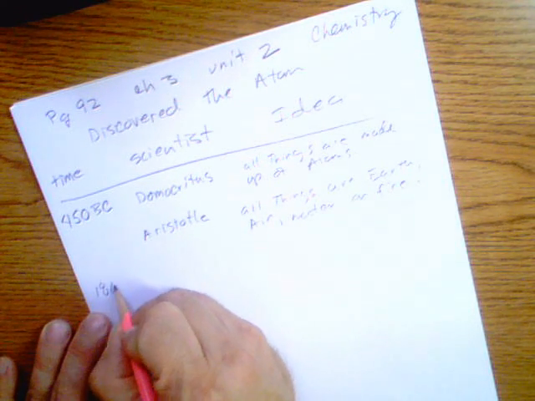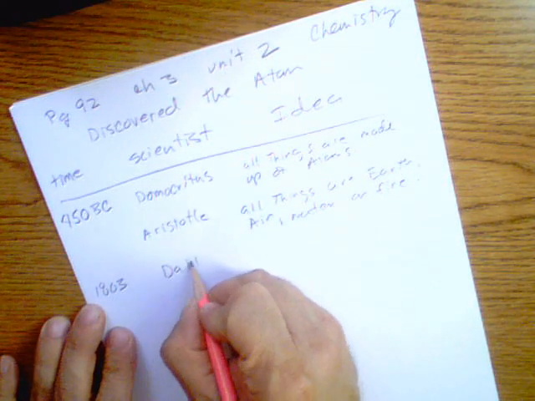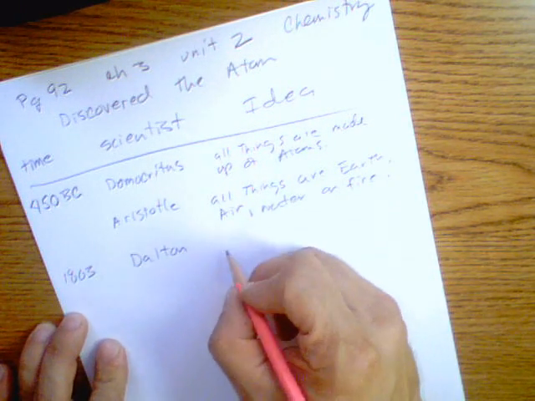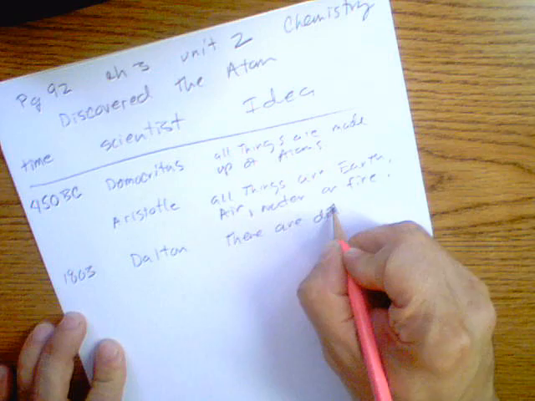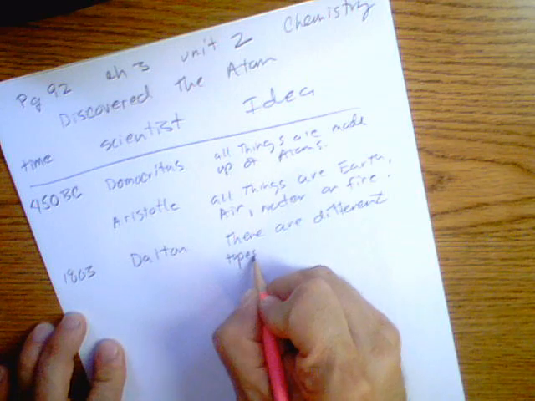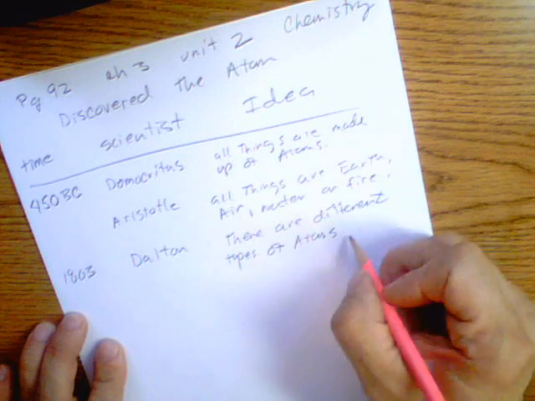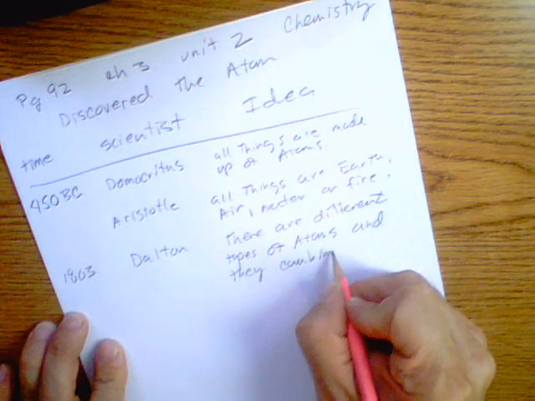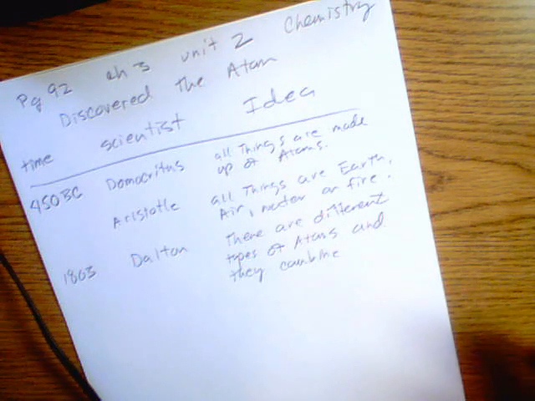Dalton in 1803. We're getting closer to the Industrial Revolution now. Dalton, we have, he confirmed that all things are made up of atoms, but he added to it that there are different types of atoms, and they combine to make up all of the variety of matter that we have on the planet.